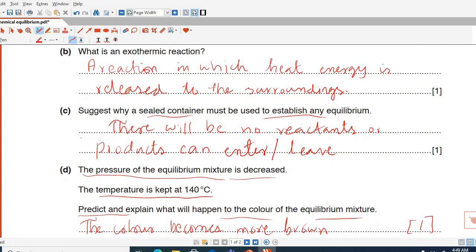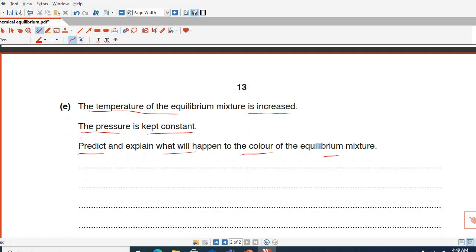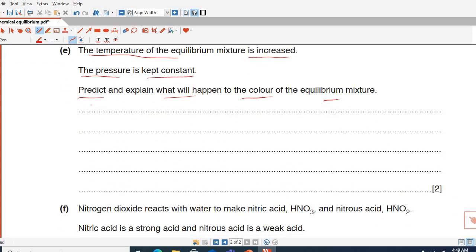So you will write the answer in this way. 2 points you have to write. Look at here. Number 1, in the same way you can write the color becomes more brown, right?